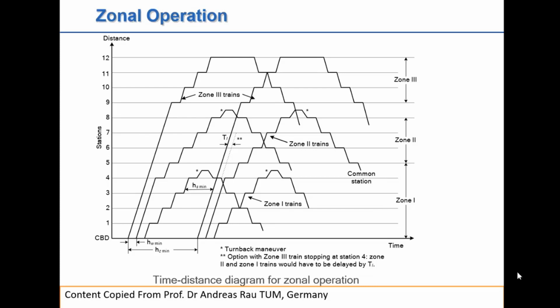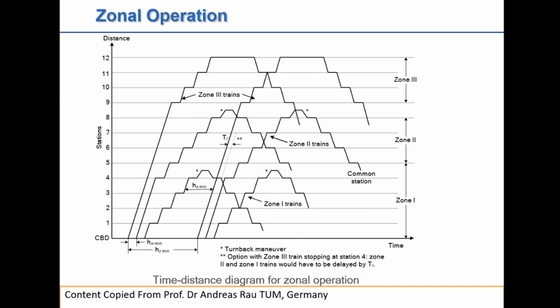Zonal operation can only be used when we have longer radial lines, which have a large majority of passengers who would like to go to the central business district, the CBD areas. To achieve that type of service, we need a high interchangeability of trains among different zones.